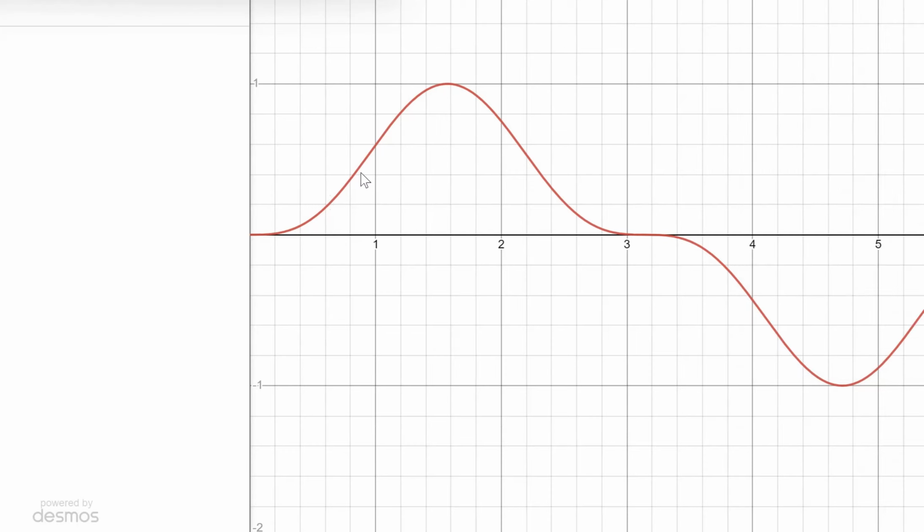So that's what your end of graph ends up being. So there's an inflection point in here. There's an inflection point in here. There's another inflection point here, which I think is pi.